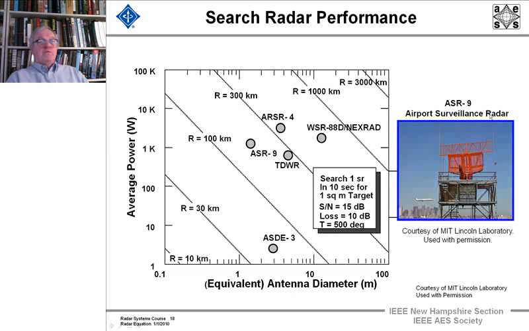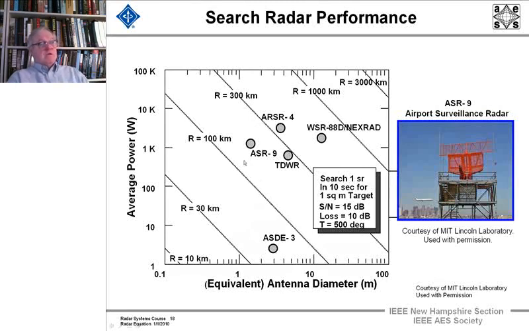So for an airport surveillance radar, the ASR-9, this is a picture of one at Logan Airport in Boston, Massachusetts. Here's where it would fall on the chart. Okay. It's got an equivalent antenna diameter on the order of a few meters. That's small because the antenna is shaped.